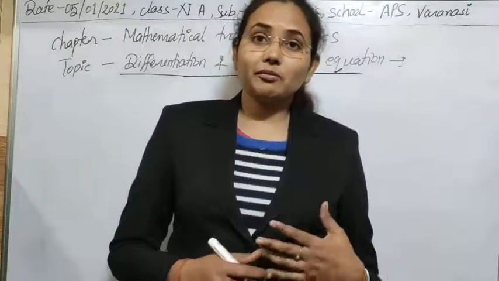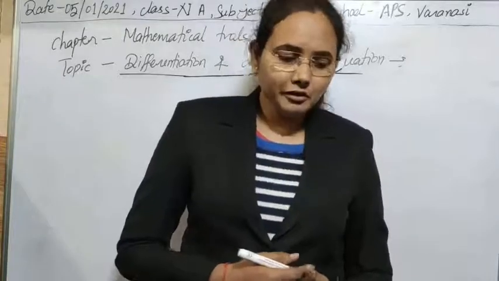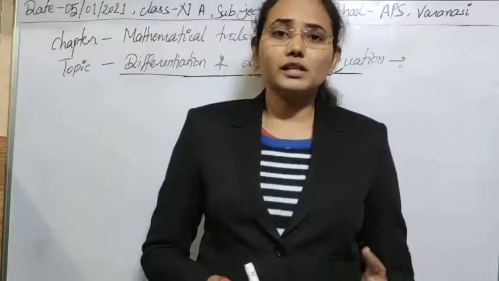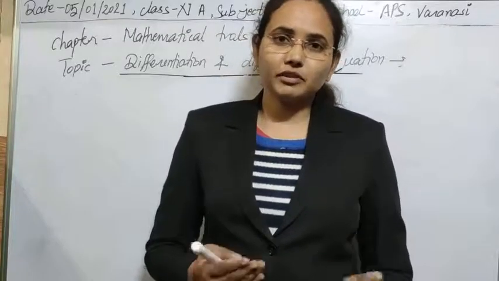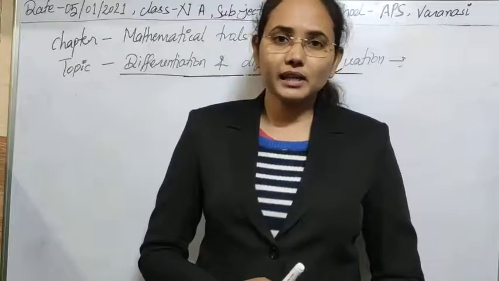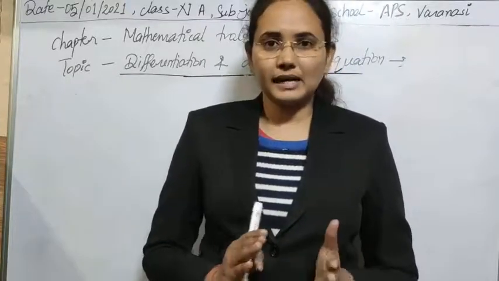The harmonic wave function again uses trigonometrical functions. If a wave is propagating in space, you have the displacement wave equation for it: y is equal to a sin(omega t plus kx) or minus kx, depending on the direction, as we have discussed.